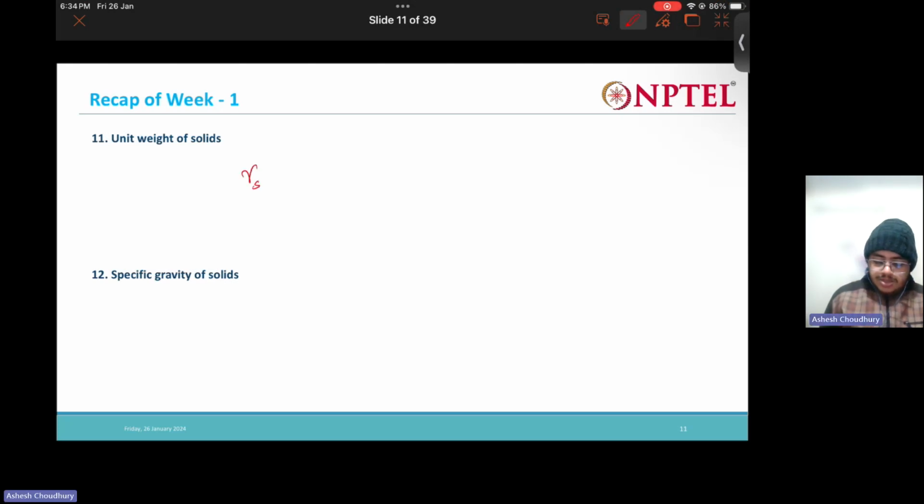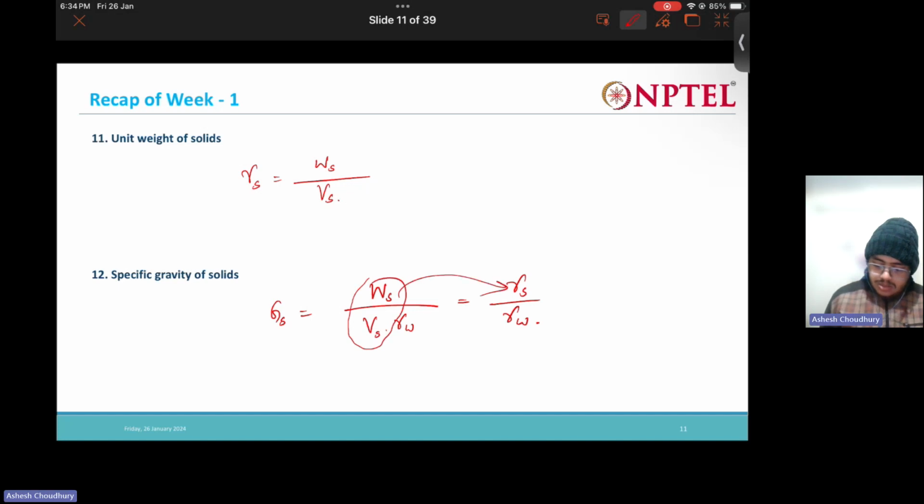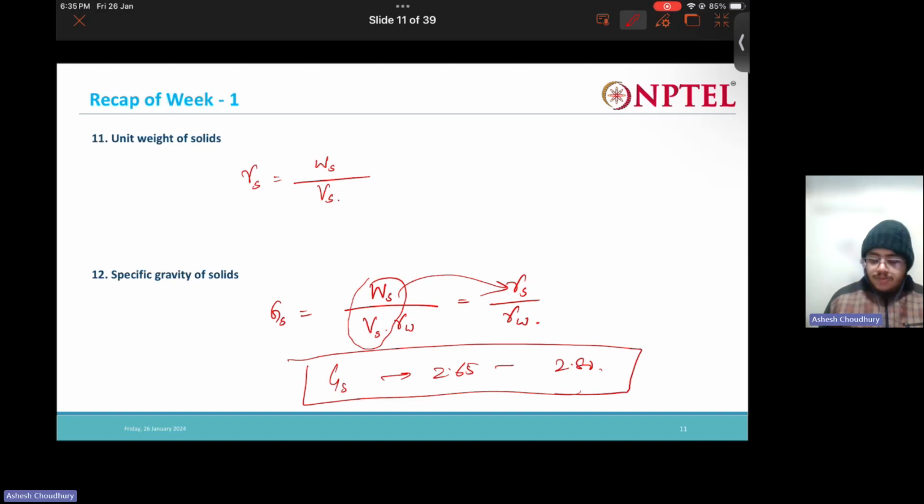Similarly, unit weight of soil solids is weight of solids by volume of solids. And specific gravity of solids, GS, is gamma solid by gamma W. Generally GS is between 2.65 and 2.80, the general range.